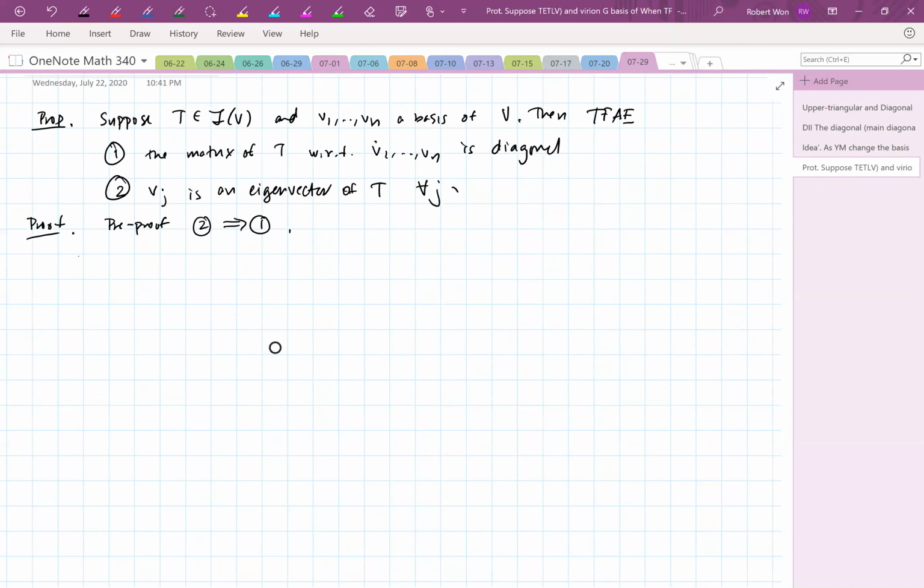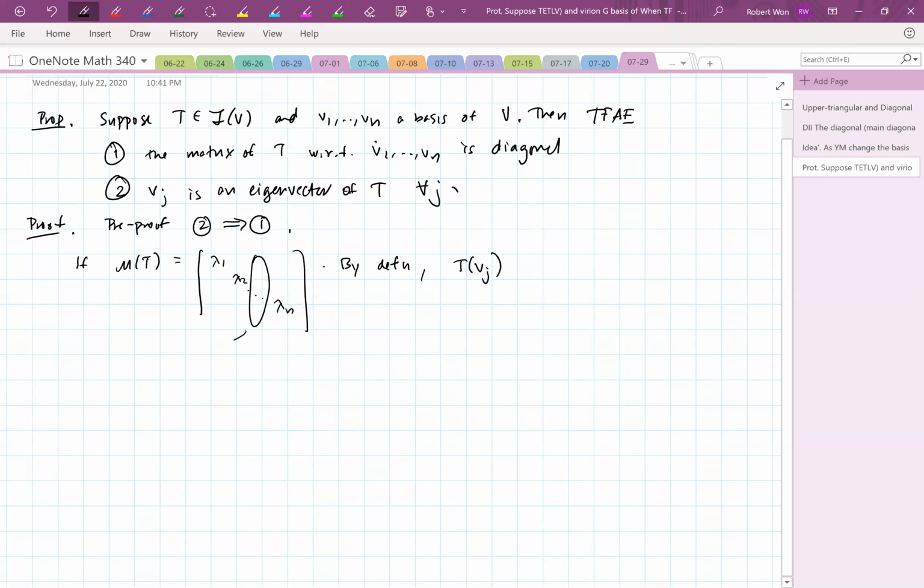On the other hand, right, so you need to know 1 implies 2. So if M of T is diagonal, so let's say lambda 1, lambda 2 to lambda n, well then the definition of this matrix tells you each column tells you what T does to a basis vector. Right, so by definition, then, of the matrix, T of Vj is just given by the jth column.